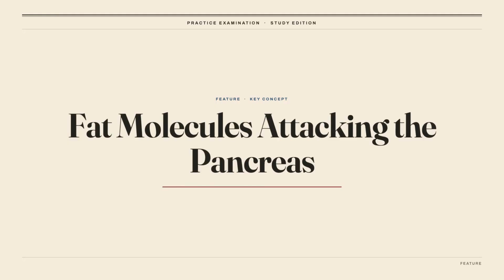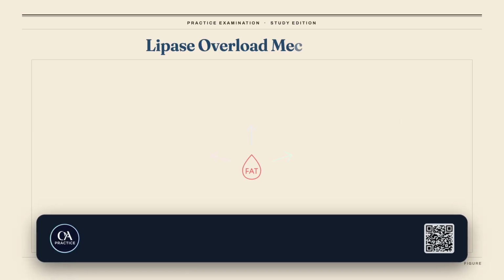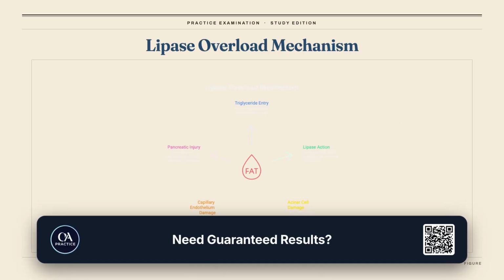Cholesterol and triglycerides are usually blamed for slow arterial damage over decades, not sudden abdominal emergencies. But extreme triglyceride levels are the third leading cause of acute pancreatitis after gallstones and alcohol. Lipase, an enzyme that normally breaks down fat safely, becomes dangerous when overwhelmed with substrate.